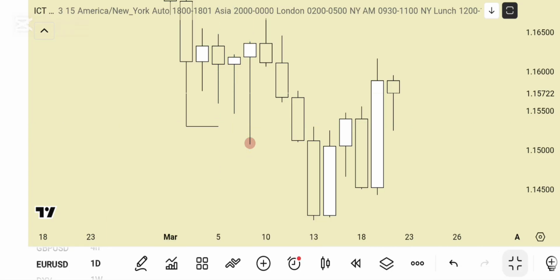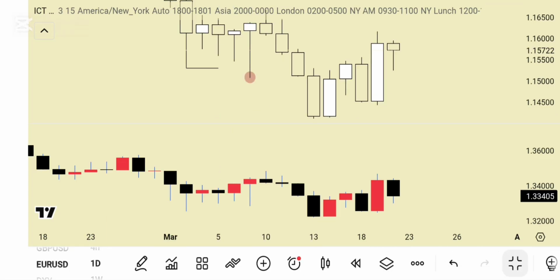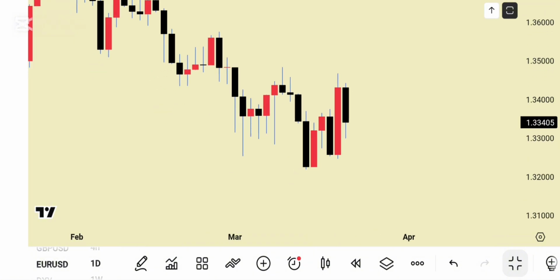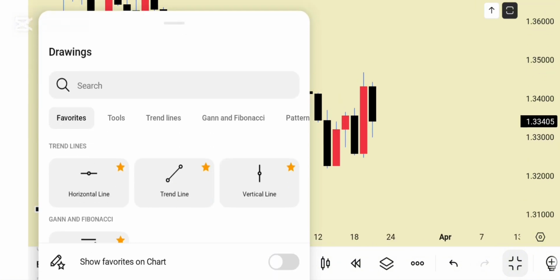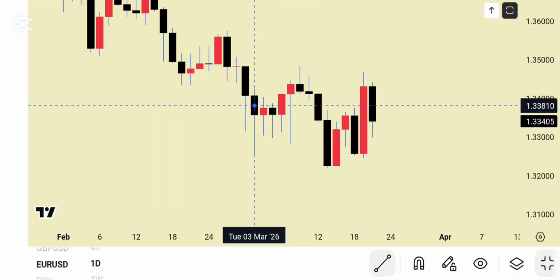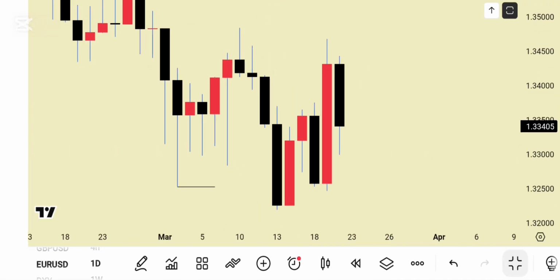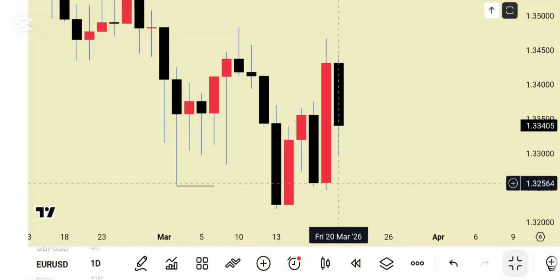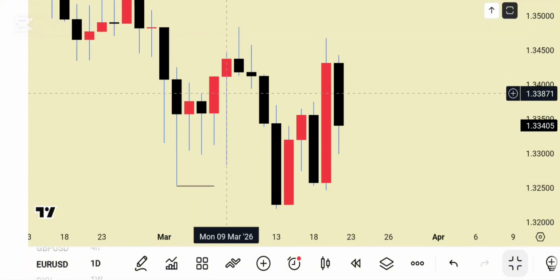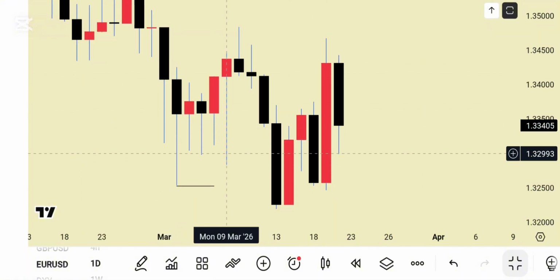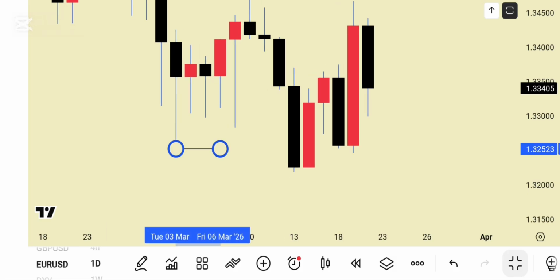This is an old low. And also, if you look at GBP/USD, we still have the same Tuesday of March. Let's look at the same low here. This is Monday. This candle here is the Monday candle, which means we had an SMT.